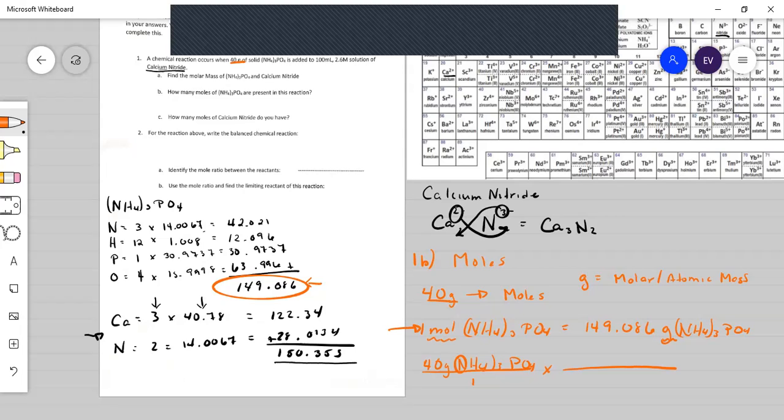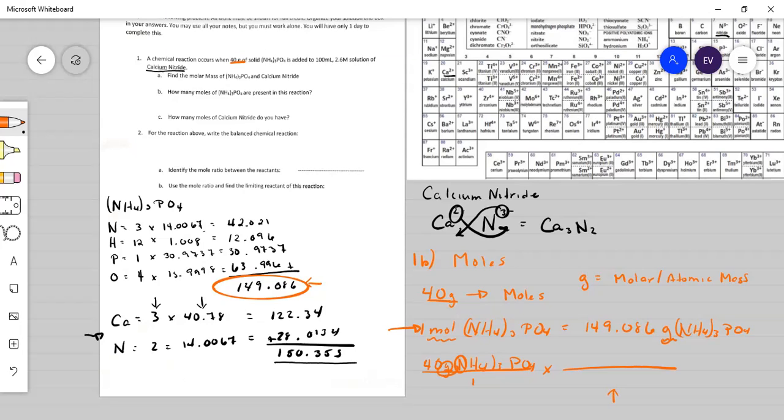To set this up correctly, you've got to figure out which unit goes at the bottom. Whatever unit you have here is the unit that goes here. So at the bottom, I'm going to put 149.086 grams of ammonium phosphate, and at the top, I'm going to put 1 mole of ammonium phosphate.